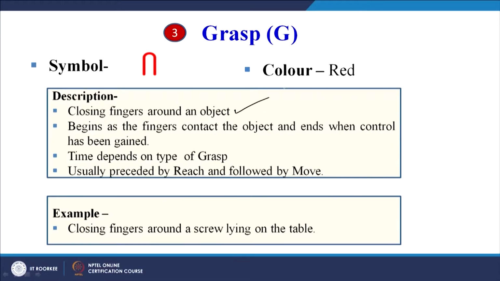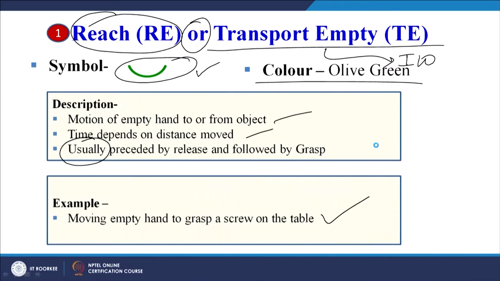Then grasp: closing fingers around the object, begins as the fingers contact the object and ends when the control has been gained. Time depends on the type of grasp, usually preceded by reach and followed by move. So I have reached this, I have grasped this, and then I will move. The reach is transport empty, the same word is there.